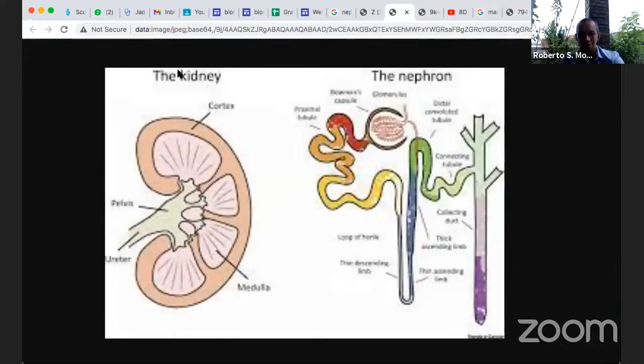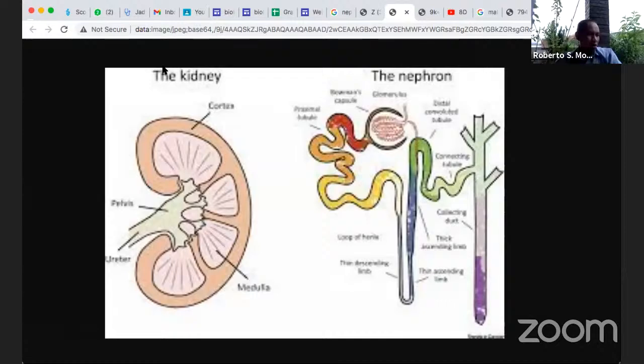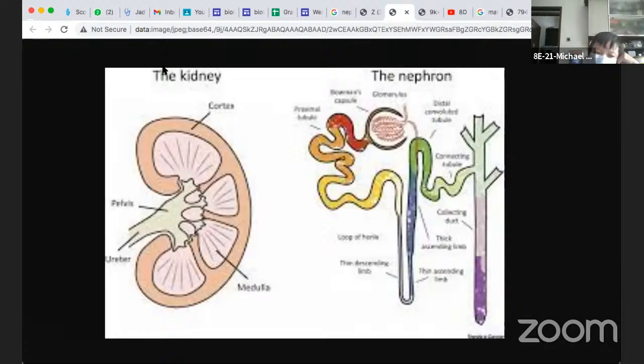Mr. Michael, where does the reabsorption process take place? Only at the loop of Henle, is that what you mean? In the proximal tubule.